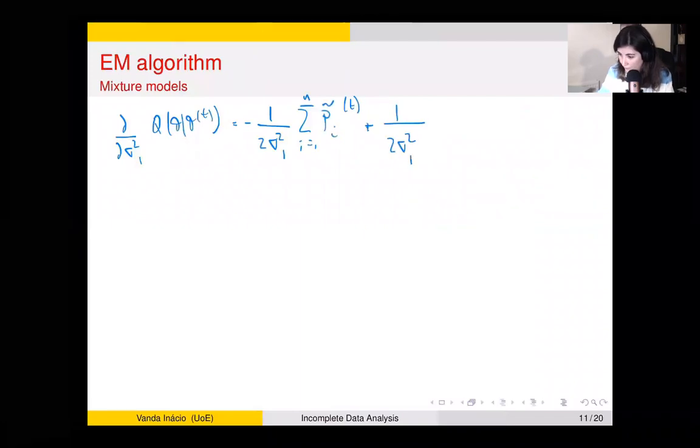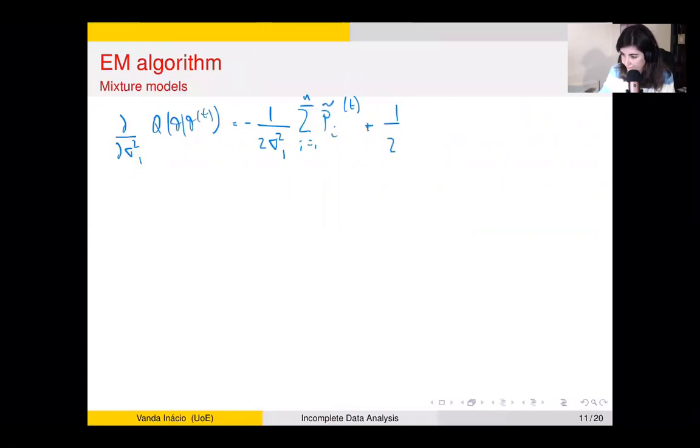Oh, power of 4. Okay, that's it, correct?